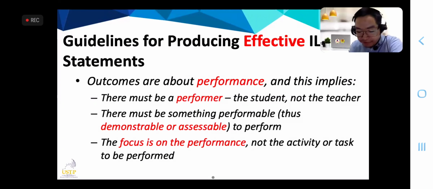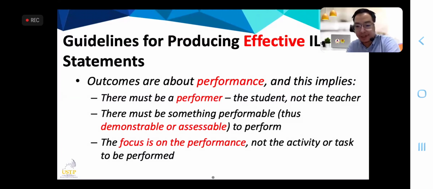So at the end of the day, you are not interested in how many times the student practiced, how many times the student committed mistakes during the practice, how many times the student required assistance. What you are interested in is the performance.